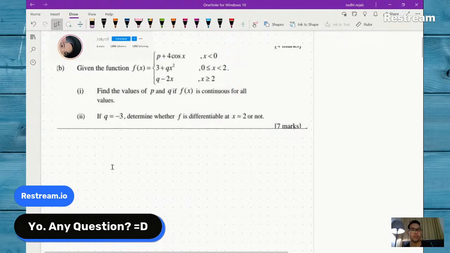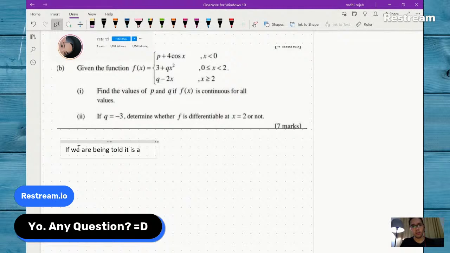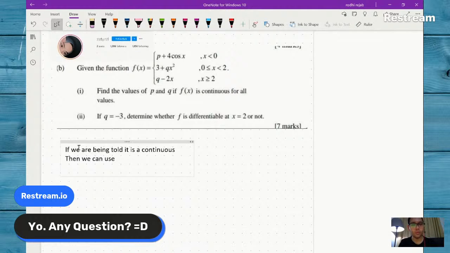If we are being told it's continuous, then we can use the limit of x approaching a for f(x) is equal to f(a). If you were told that it's continuous, you want to use this formula.